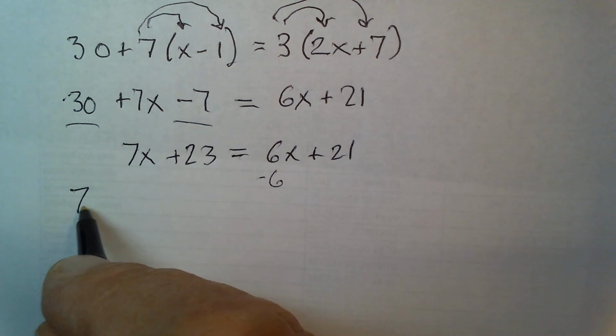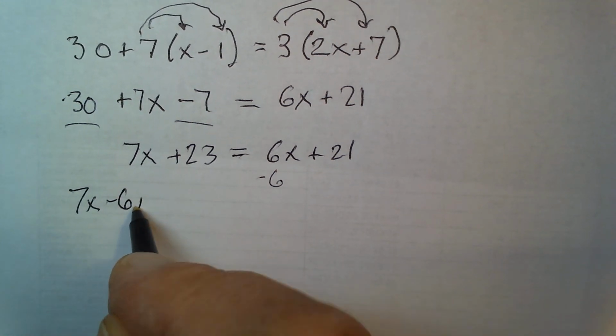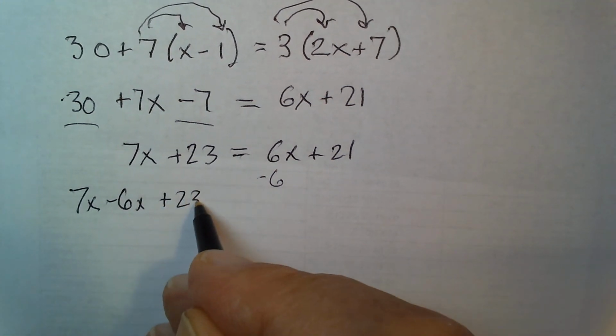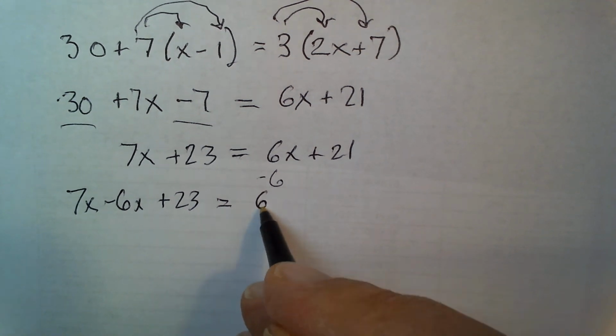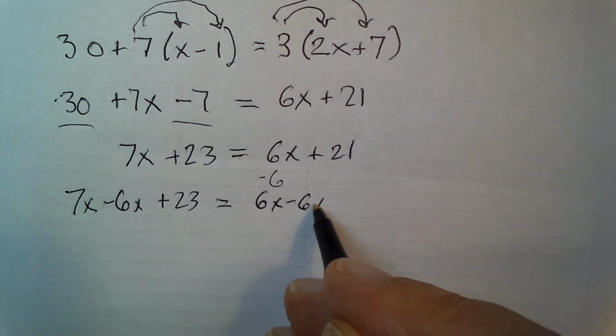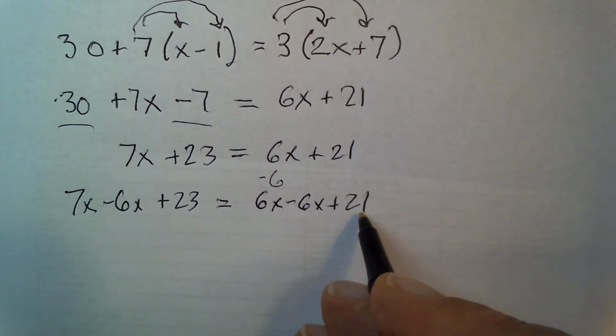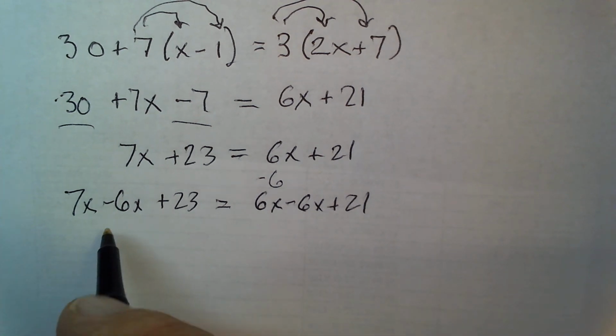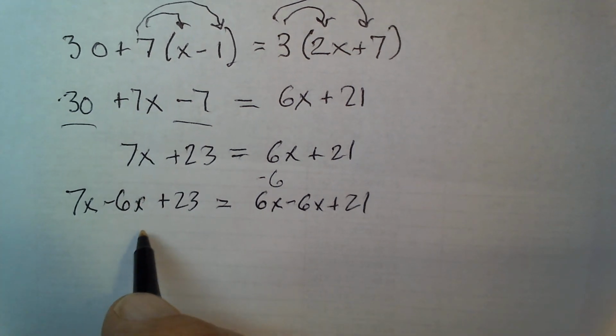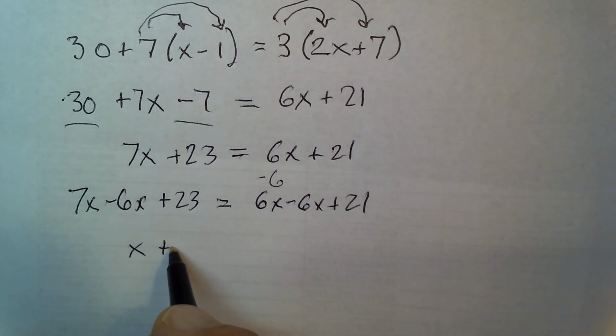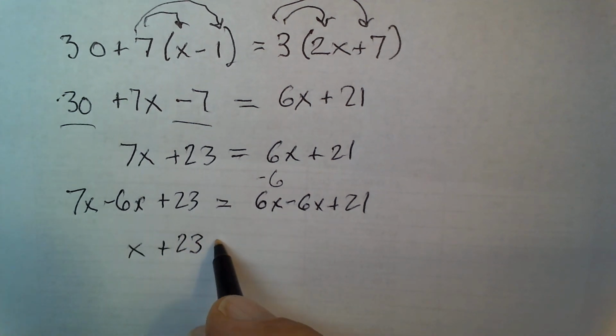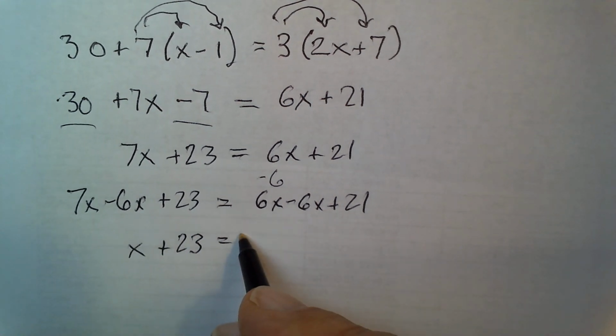So we have 7x minus 6x plus 23 equals 6x minus 6x plus 21. So then on the left side, 7x minus 6x is x plus 23 equals 21.